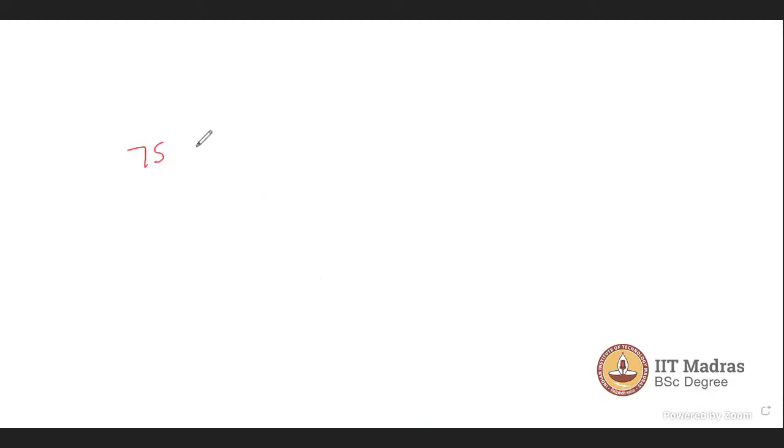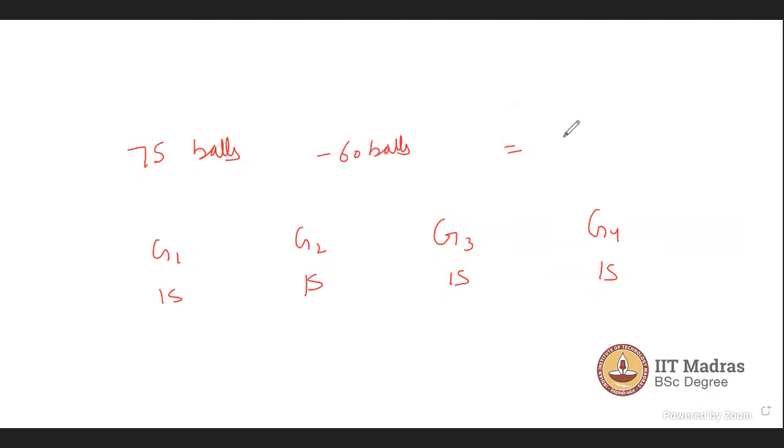I think we have 75 balls, right? And we have 4 groups: G1, G2, G3, and G4. At least all of them will take 15 balls, so I first distribute 15 balls each. 60 balls are gone, and I'm left with 15 balls only.